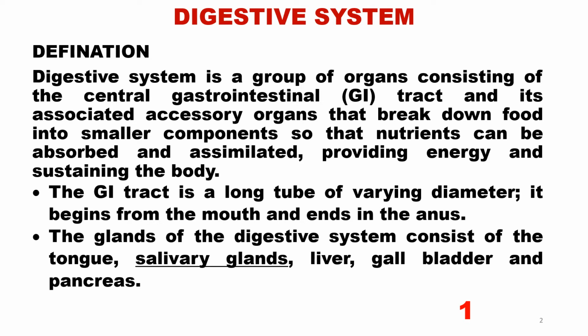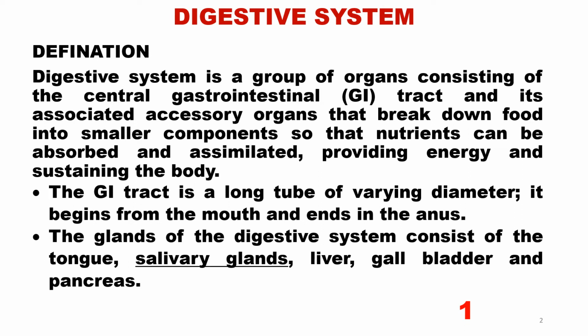The GI tract is a long tube of varying diameter. That means the gastrointestinal tract is a long tube of varying diameter depending on the age and size of the organism. It begins from the mouth and ends in the anus.